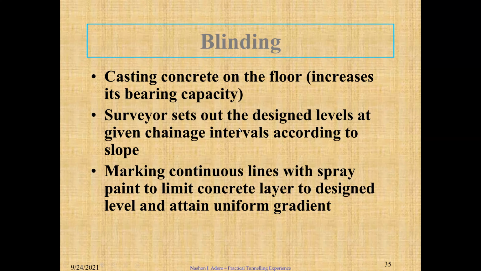Those concrete nails are what you use inside the tunnel to establish temporary control points. So those concrete nails also need a firm floor.